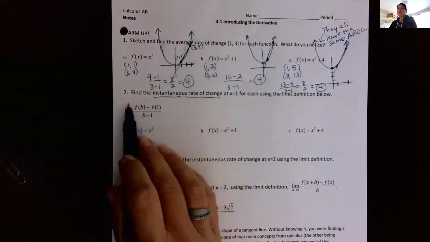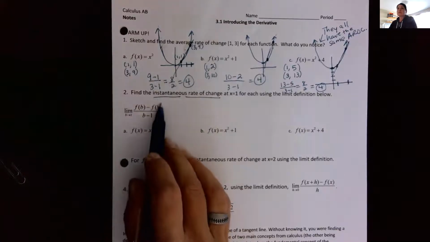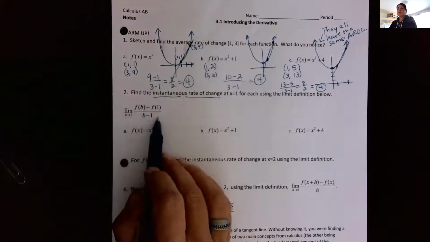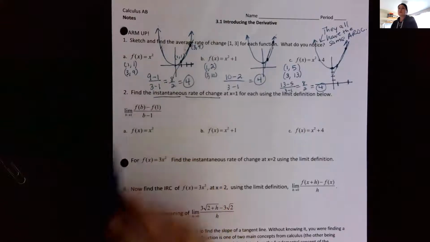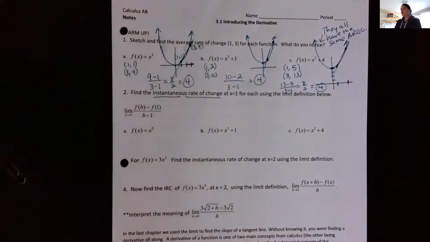Well, this right here is simply a slope formula. So as b is approaching 1, okay, that is what we are evaluating, okay? So with x squared, if b is approaching 1, how does that translate?